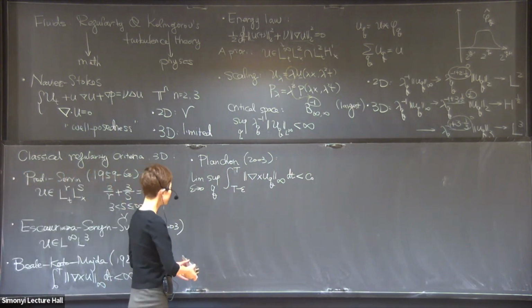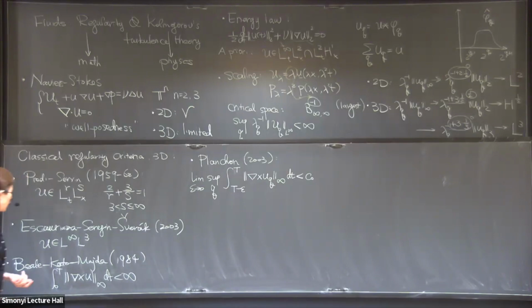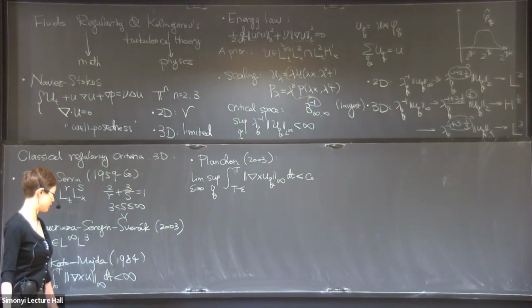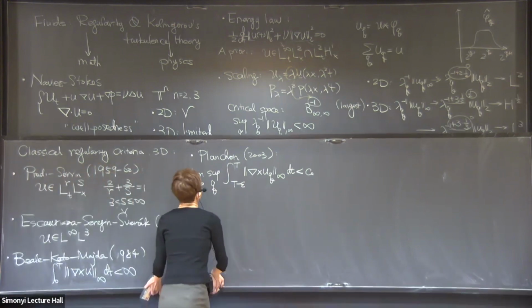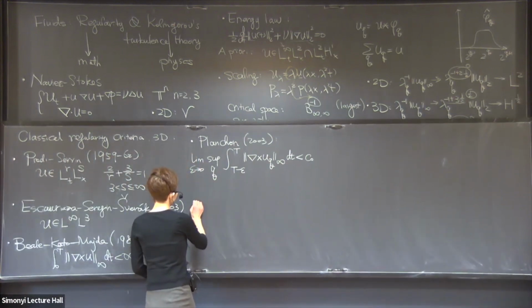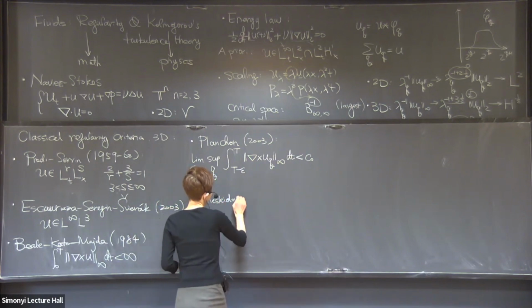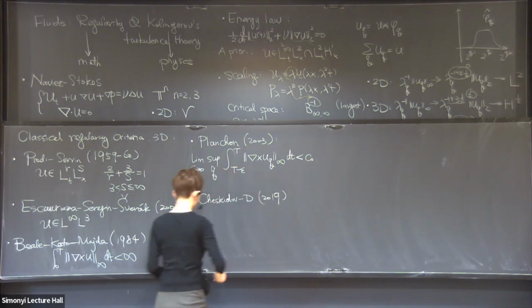Again, those quantities have the same scaling, they are scaling invariant. So those are the classical results, and of course, there are many generalizations of these classical results in different spaces, but with the same scalings, of course. And recently, we obtained a new condition.